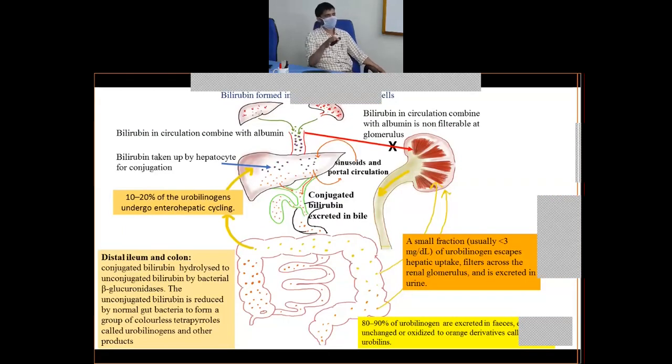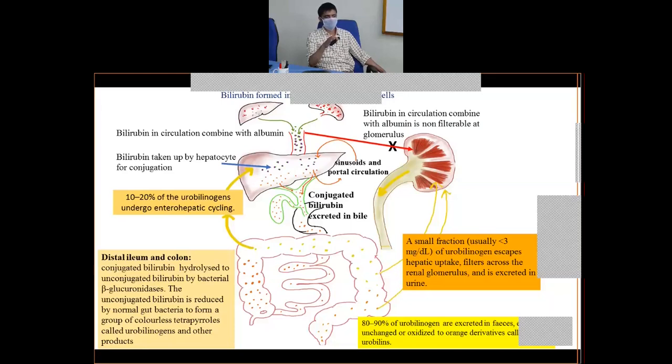If you see this picture, in the distal ileum and the colon, conjugated bilirubin is hydrolyzed to unconjugated bilirubin by bacterial beta-glucuronidase, and this unconjugated bilirubin is reduced by normal gut bacteria to form a group of colorless tetrapyrroles called urobilinogen and other products. And 80 to 90% of these are excreted in the feces, either unchanged or oxidized to orange derivatives called urobilin.